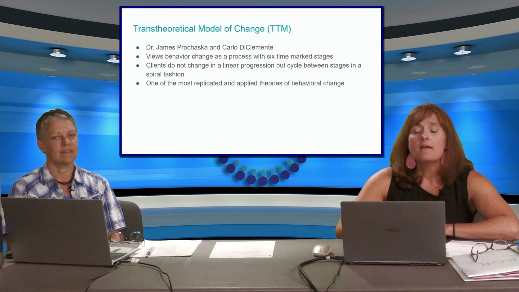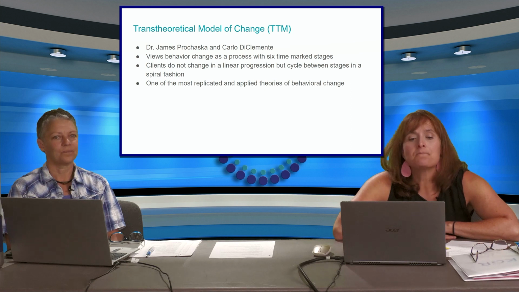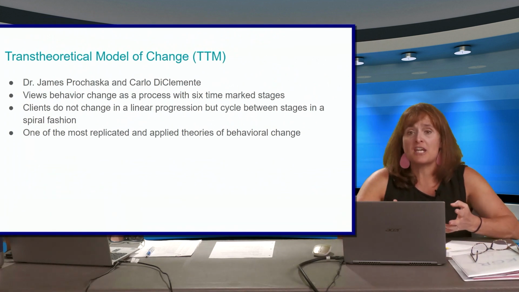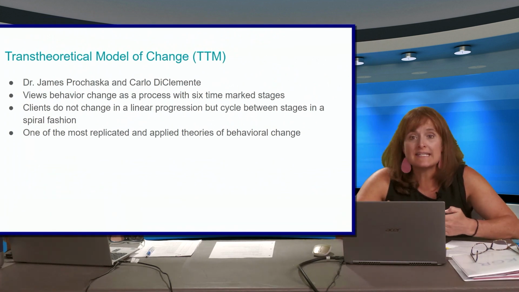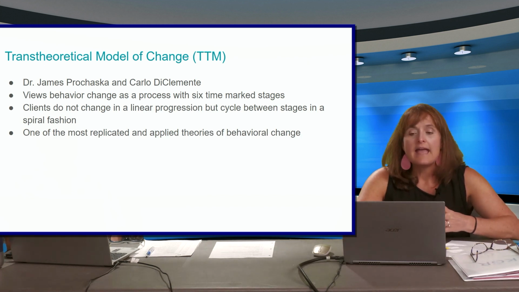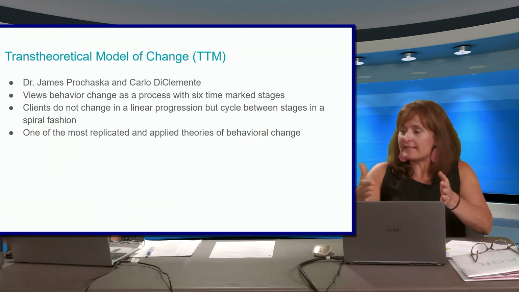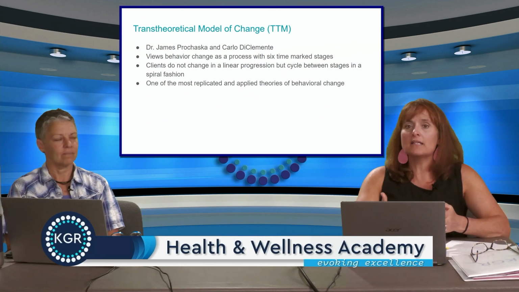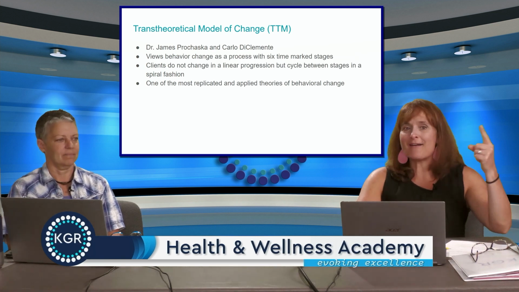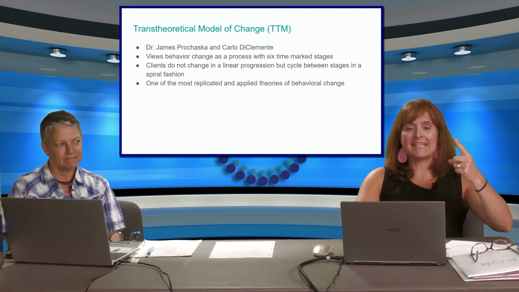Yes. So basically, this is a theory that's dedicated to determining, okay, where is this person in their stage of change? Where are they in their readiness to actually move forward with some form of behavior change? And it breaks it down into 6 time-marked stages. And keep in mind, we have these 6 stages, but it really isn't linear by any means. You're going to see these clients kind of spiral up and then spiral down again, and then kind of spiral back up.